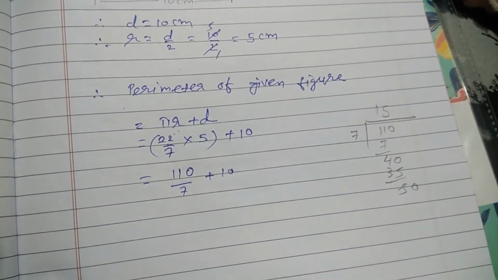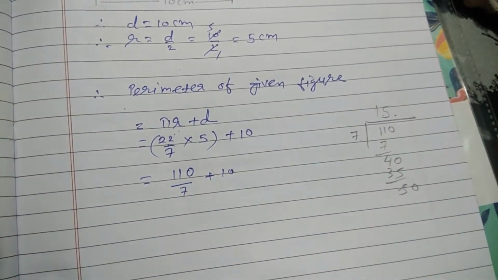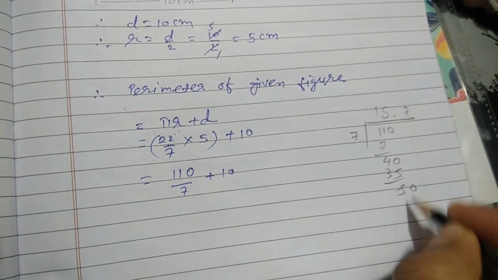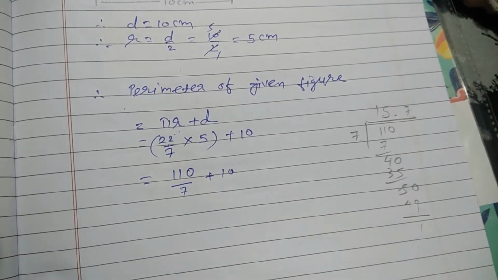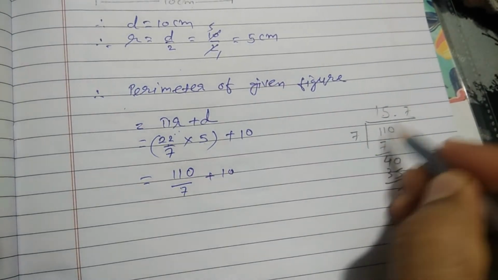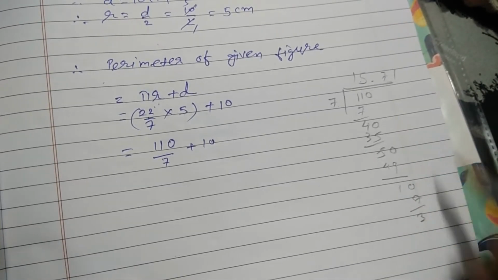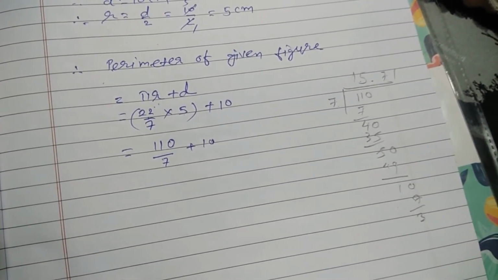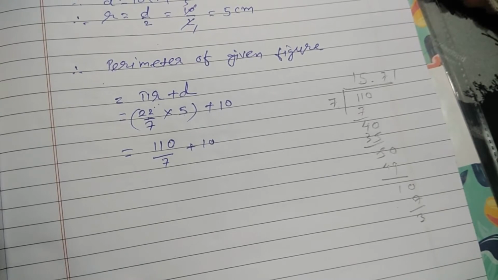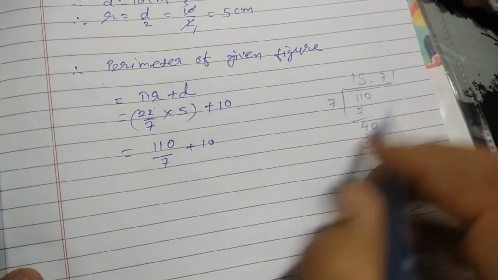Here we have put the 0, so here we have to put a decimal point. 7 7s are 49, here 1, 0, 7 ones are 7, 30. So I think this division will go on and on, so we will write the answer in 2 decimal places, that is 15.71.